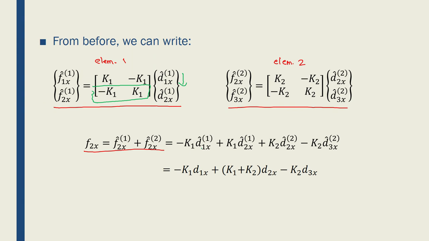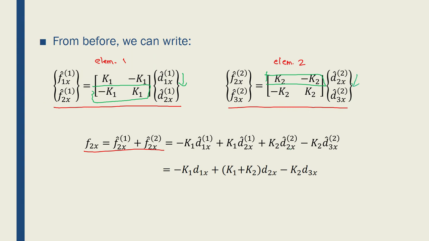So minus k1 d1x1, plus k1 d2x1, plus now I have to multiply the first row of the second stiffness matrix with this column.